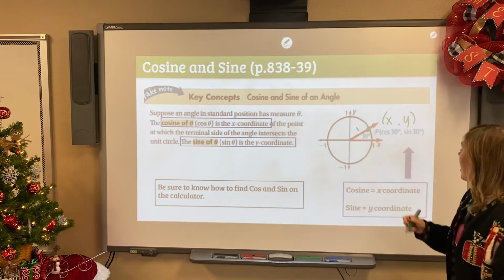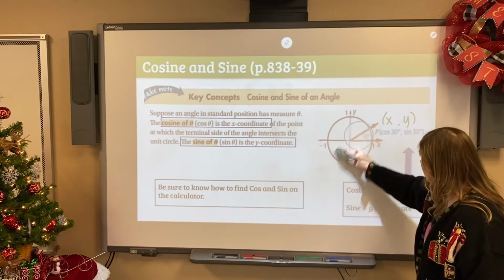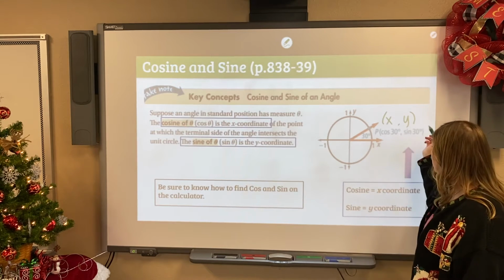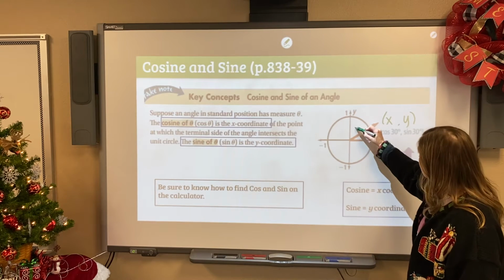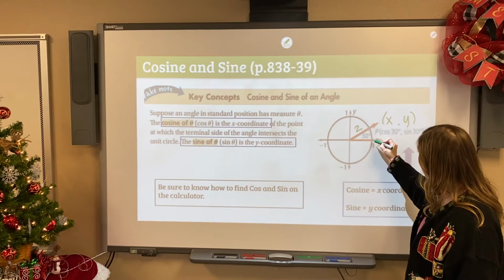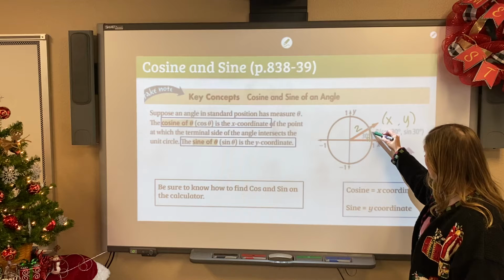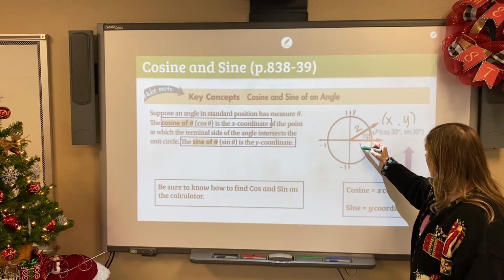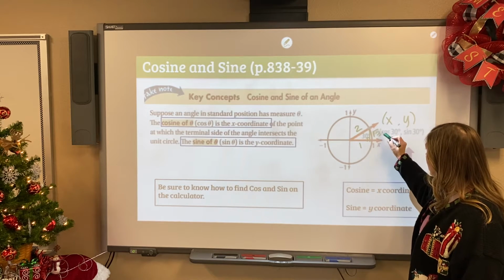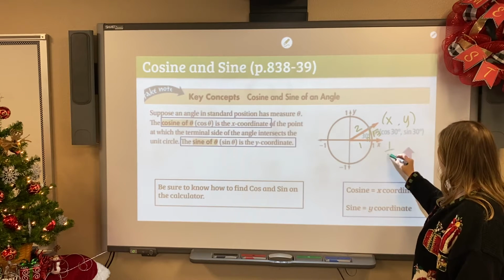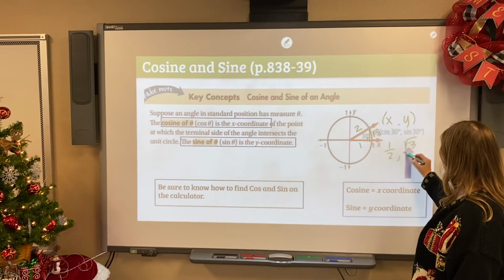Then your cosine of 30 degrees would be 1 over 2, your right angle side would be 2 times whatever your X is, and then this would be root 3 over 2. So your cosine would be 1 over 2 and your sine would be root 3 over 2.